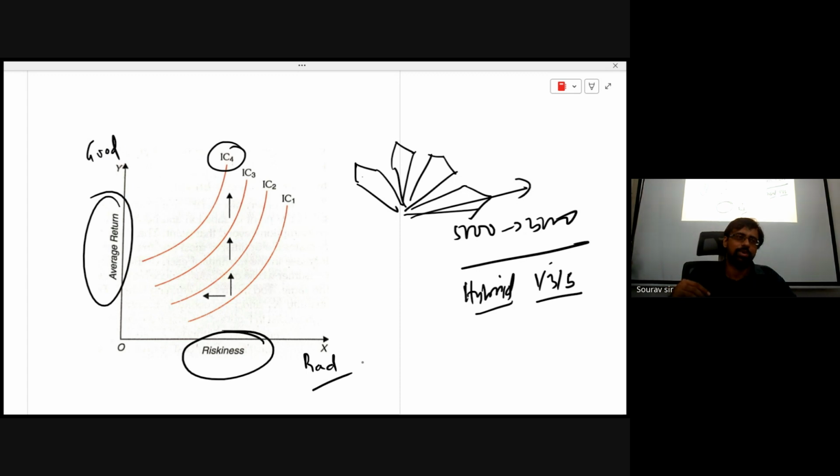Isn't it a very high expectation? Bhagavan bhi expectation nahi kare. So either you leave that man or woman and go for a relatively okay kind of a person, यहाँ पर दोनों balance में रहेगा, or you go for a high stake. So if I go for average high return, then it's risky.